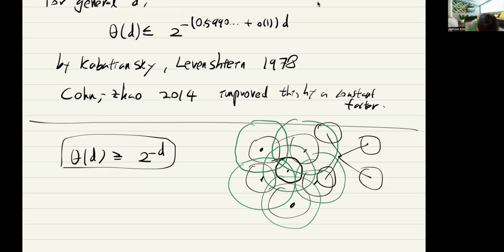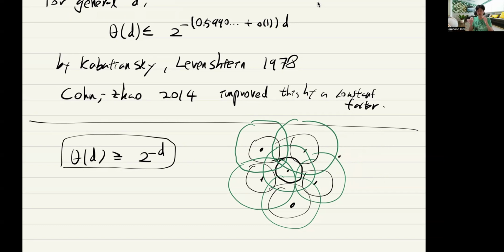Then you can put a new sphere whose center is there, and it will not intersect any of the other spheres. That is not the case because we assumed the packing is maximal. So once you magnify every sphere by 2, the entire space should be covered.